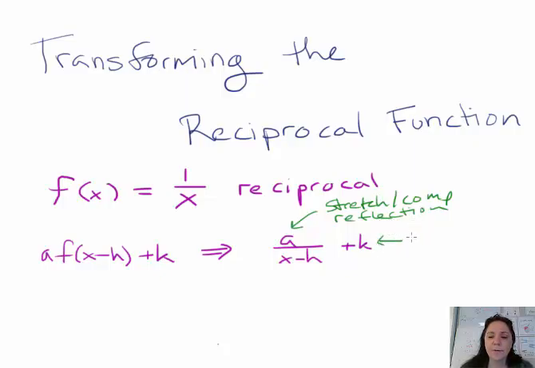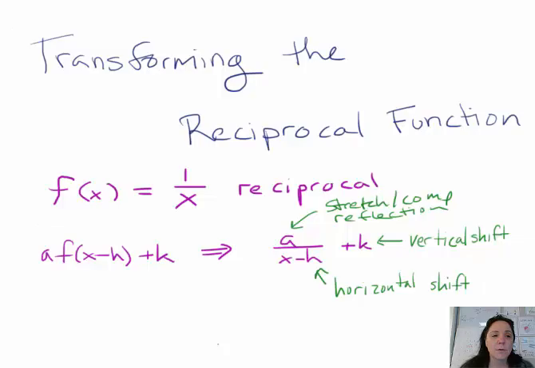K here is going to give us our vertical shift, and that is going to shift our horizontal asymptote up and down. H is going to give us our horizontal shift, and the horizontal shift is going to shift our vertical asymptote to the left or right.